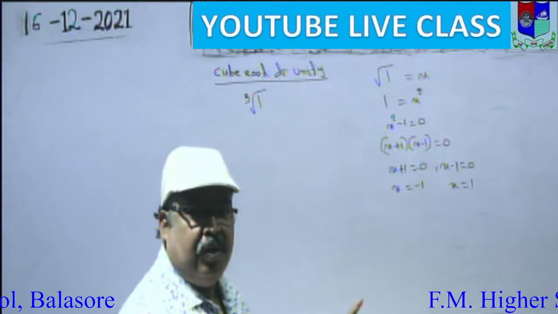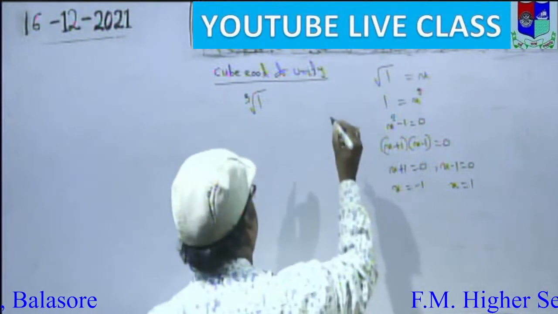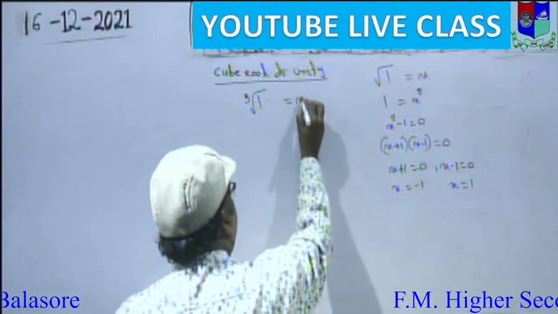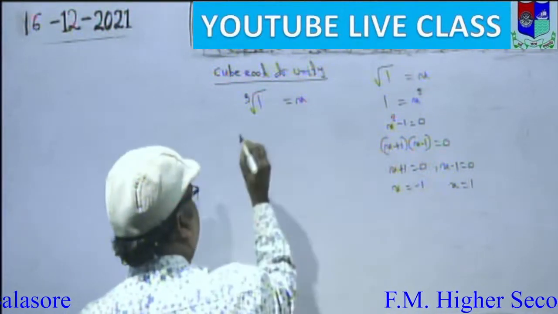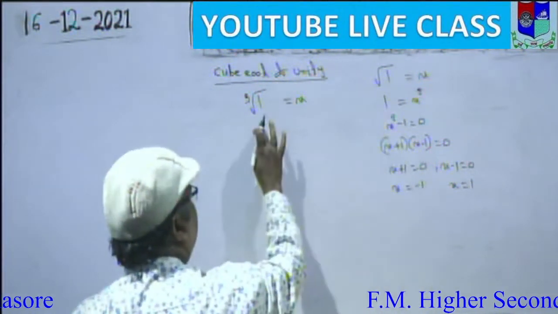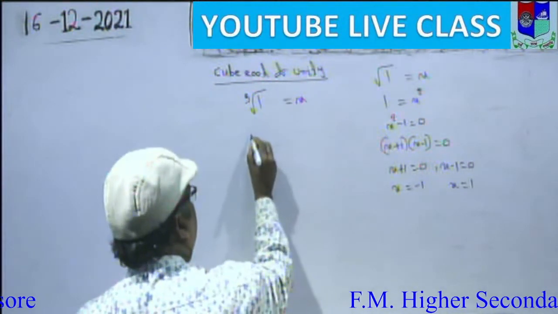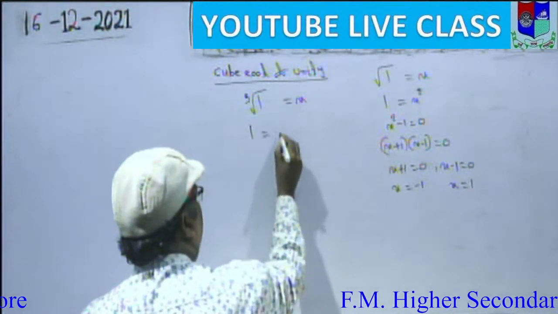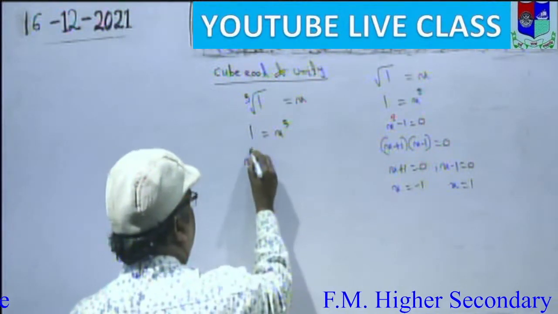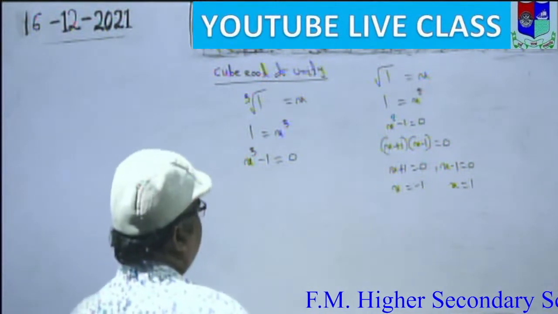Like this, we will find cube root of 1. Let it be x. Then, like this, in this case, we take cube on both sides. So cube on both sides means 1 equal to x cube. Taking into one side, x cube minus 1 equal to 0.